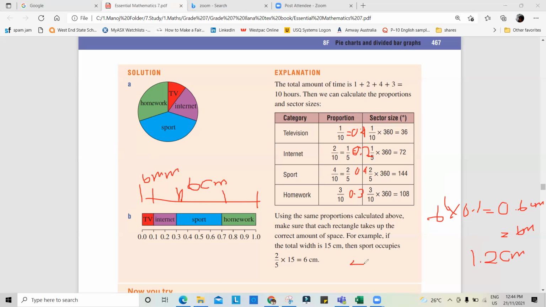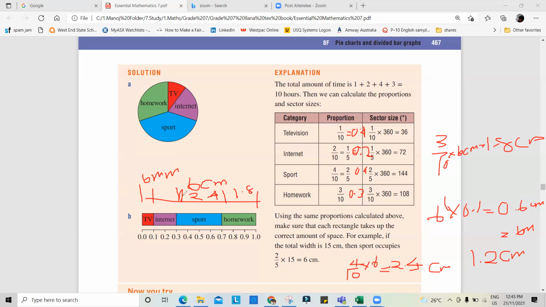This means 4 divided by 10 multiplied by 6 centimeters, and 24 divided by 10 is 2.4 centimeters. And this portion will be 2.4. And next one, 3 over 10 multiplied by 6 centimeters equals 1.8 centimeters. So this is 1.8.